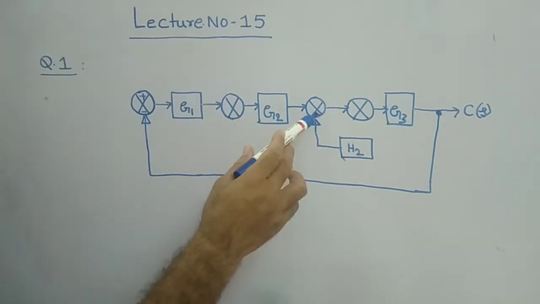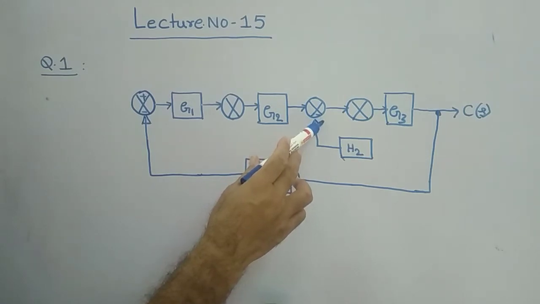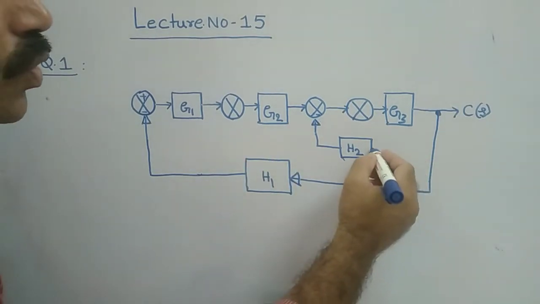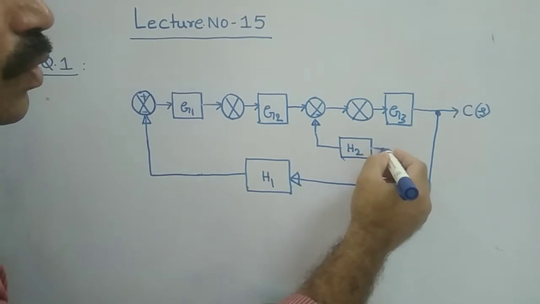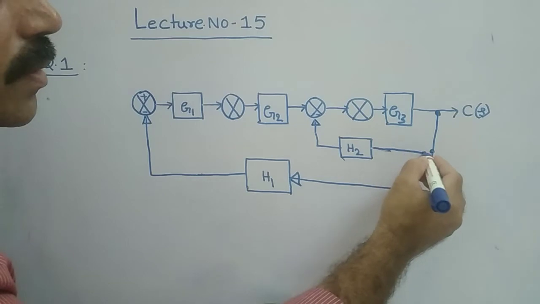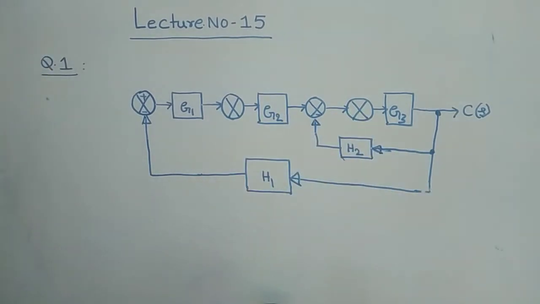Remember that the minus can be identified in the summer itself, or otherwise it can also be represented nearer to the arrow mark. Here it can also be represented as a minus sign, is it not? And this H2 is directly shown here, means the connection is shown like this. Okay, arrow mark you can represent like that.